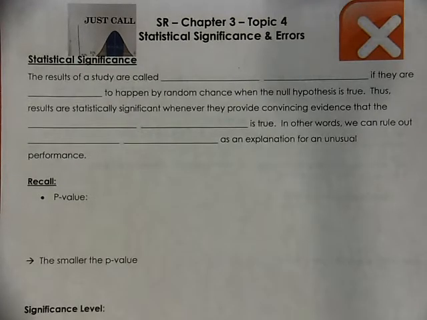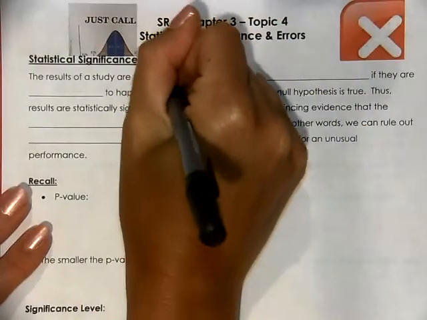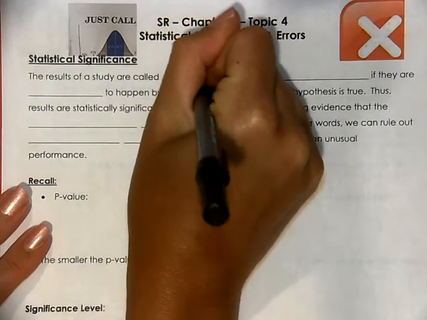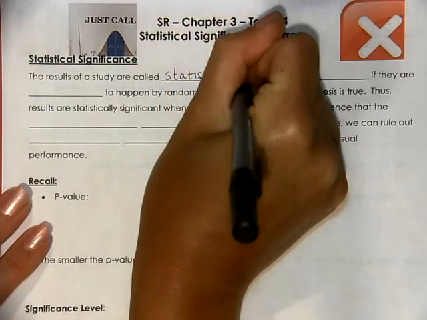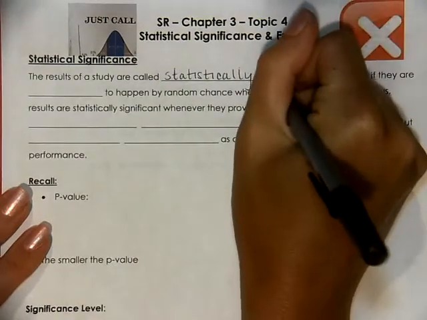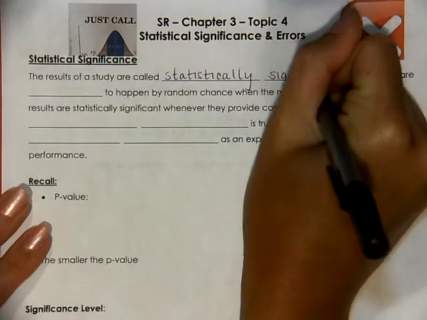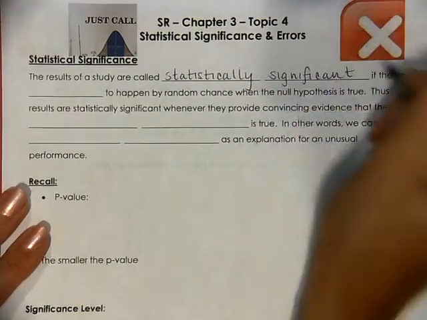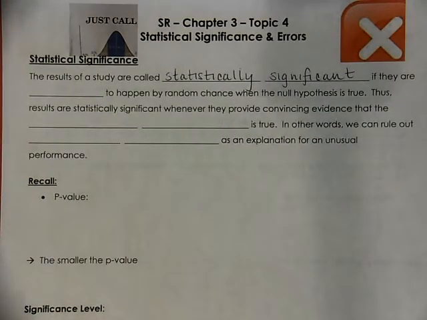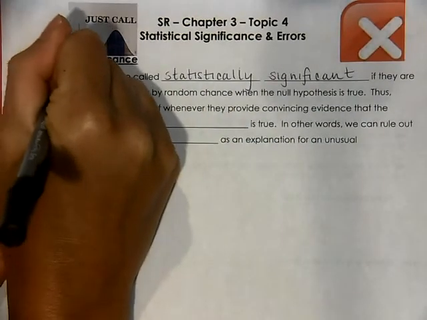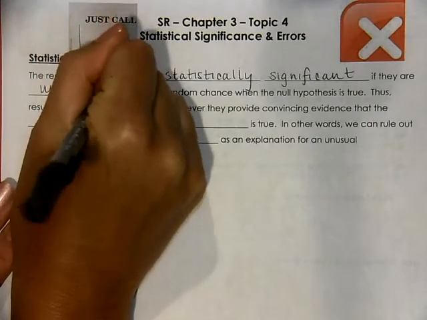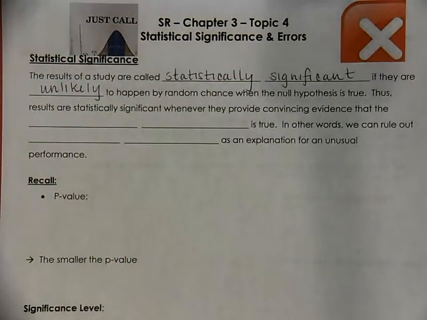So first off, statistical significance. What does it mean if we say the results of a hypothesis test are statistically significant? The results of a study are called statistically significant if they are unlikely to happen by random chance when the null hypothesis is true.